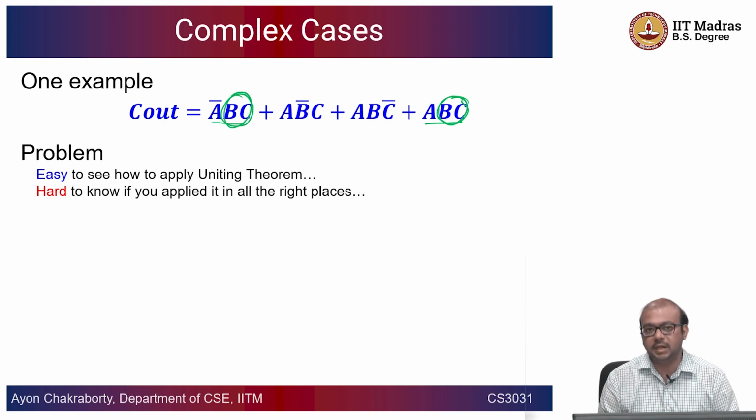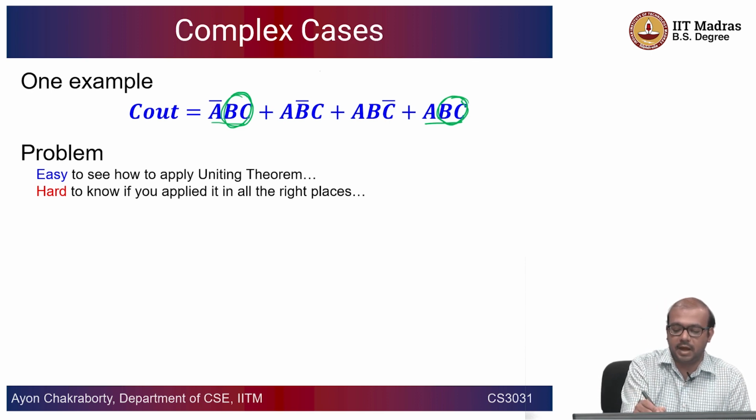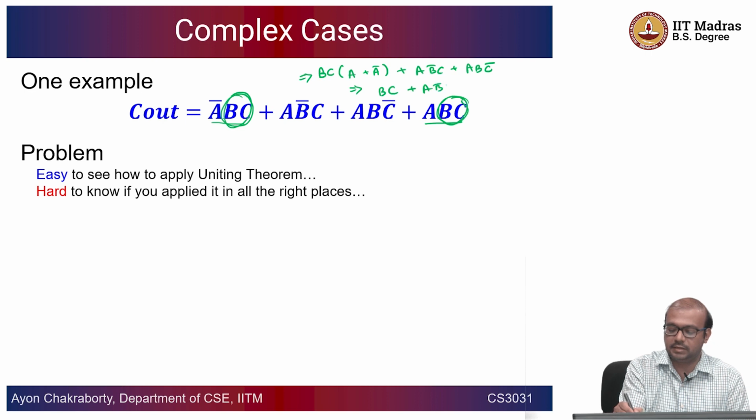So, it might not be the best choice, because you may do one step of simplification and after that you might be stuck. This becomes, for example, that BC could be taken common, A plus A bar, plus the rest of the expression, which is A B bar C plus A B C bar, which is again BC plus A B bar C plus A B C bar.